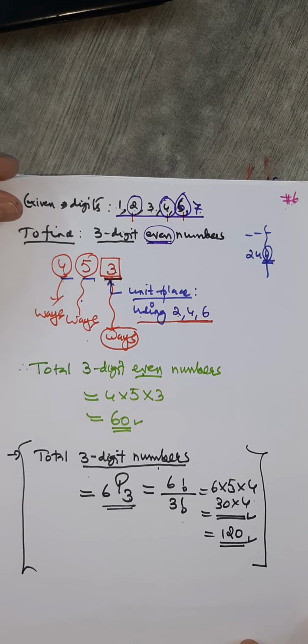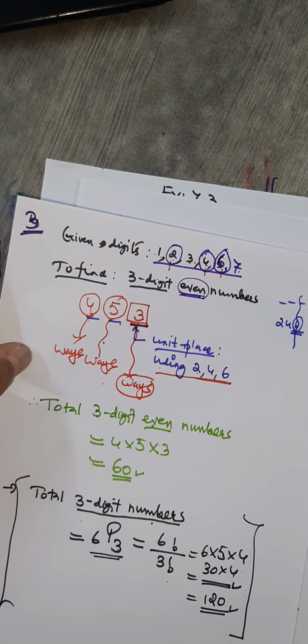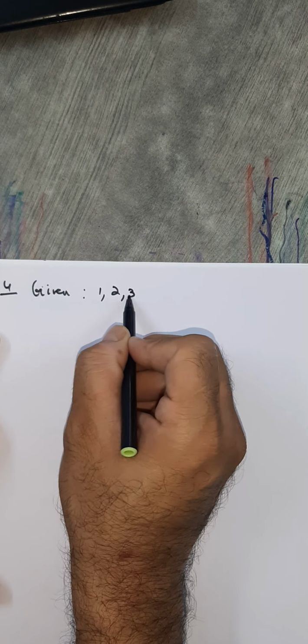Fine. Okay, let's go to the fourth question now. Question number 4 here. In the fourth question, what are the given digits? Given digits are 1, 2, 3, 4 and 5. These are the given digits.